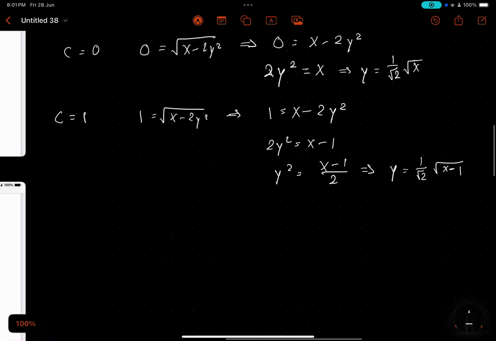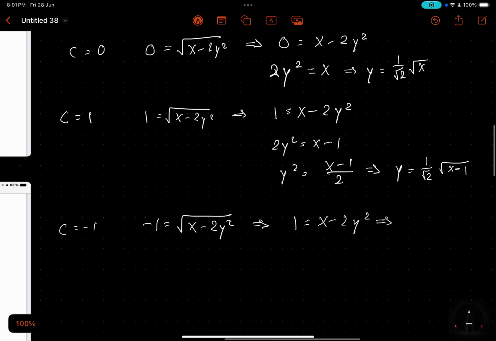Okay, so let's take c equals minus 1. So minus 1 equals the square root of x minus 2y squared. This gives us 1 equals x minus 2y squared, which will yield at the end y equals 1 over root 2 times the square root of x minus 1.